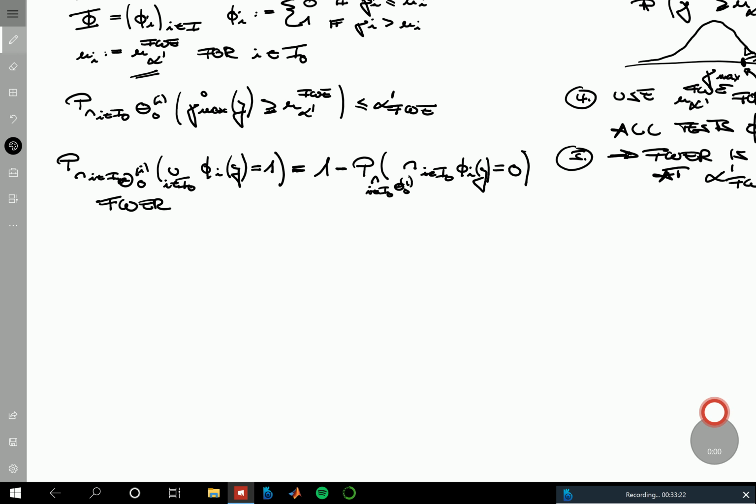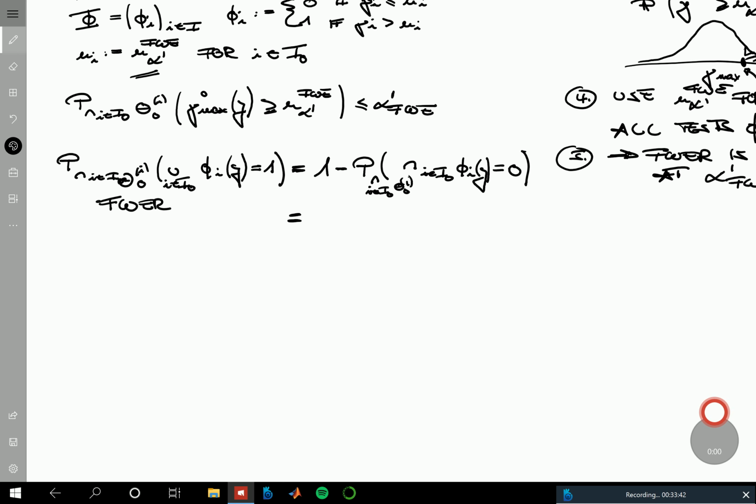So this is this complementary statement. Again, the probability under the assumption of these null hypotheses for 1 or more to come out 1, the opposite of this is that all of them come out 0, and hence the probability is 1 minus this.